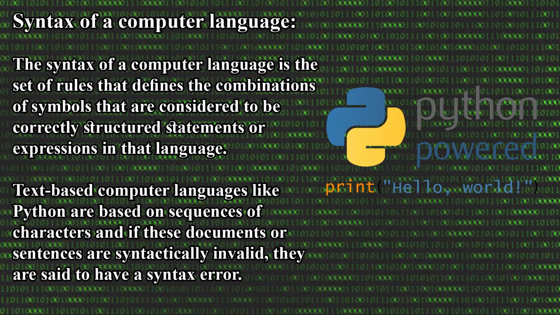Now let's talk about the syntax of a computer language. The syntax of a computer language is the set of rules that defines the combinations of symbols that are considered to be correctly structured statements or expressions in that language.